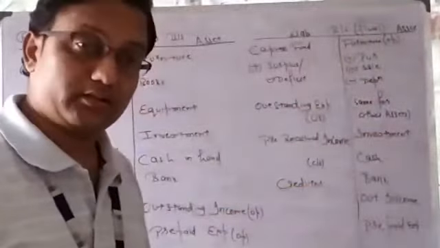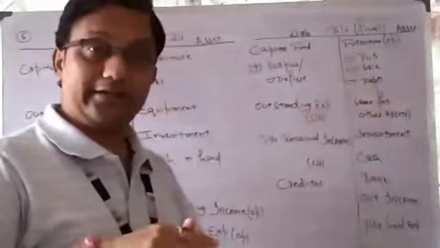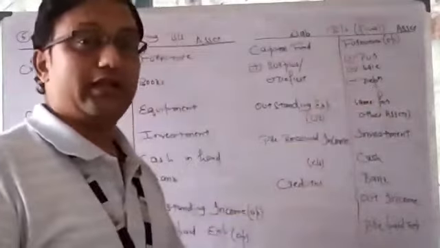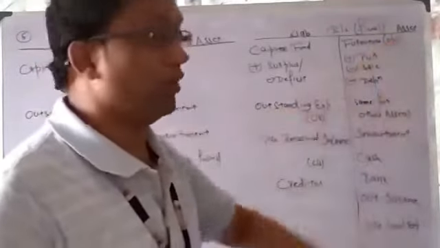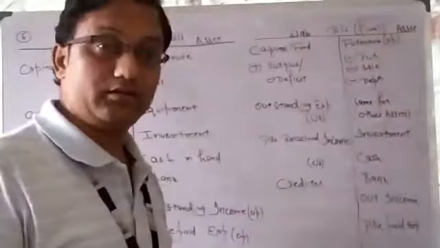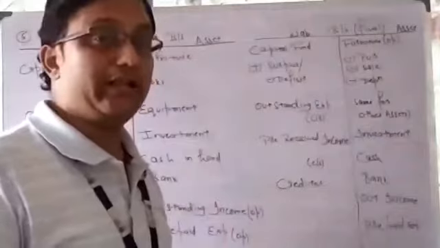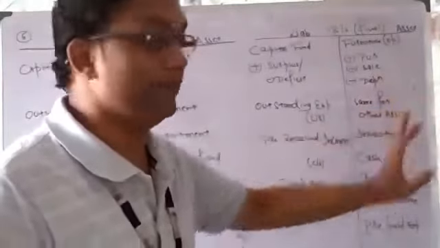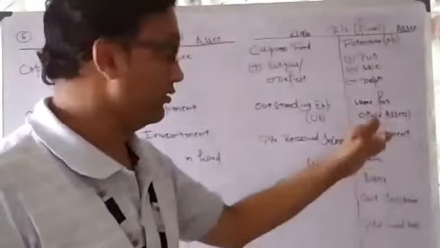Now, furniture or any asset: purchase will be added, sales will be deducted, and then we will calculate depreciation and deduct it. So the furniture or any asset opening figure will be here. We will add any further purchase, deduct any sale and depreciation, and the final figure will be in the outer column. Likewise, the same working for all the assets.